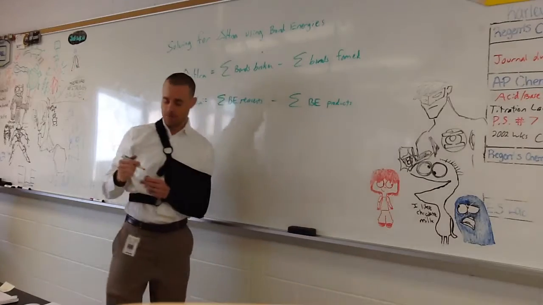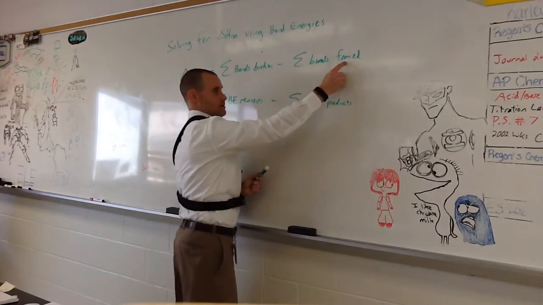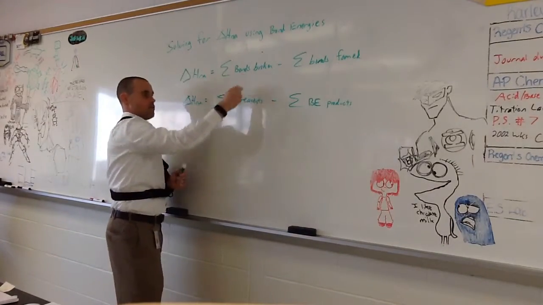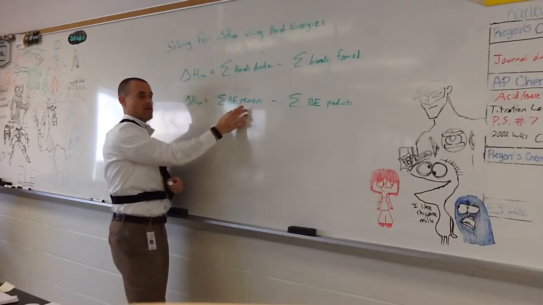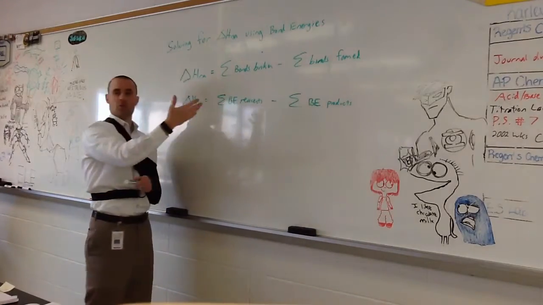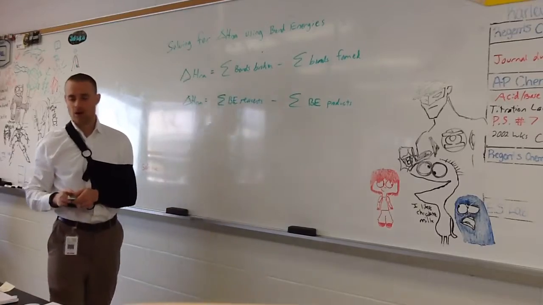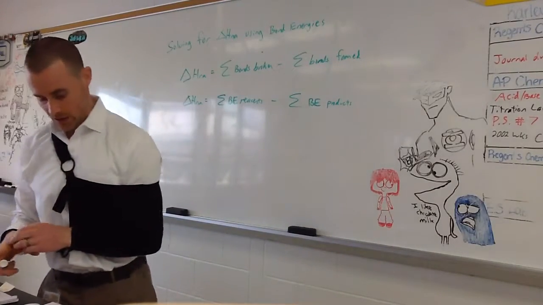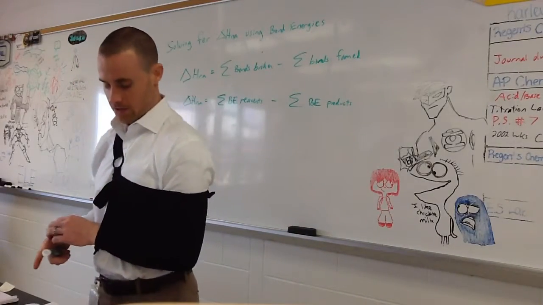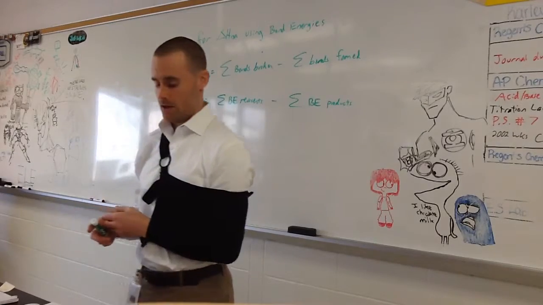Because think about it, products are forming bonds, reactants you are breaking. You have to break reactants apart to form products. So this will give you the heat of reaction. I actually don't have a problem written down, so we're just going to do the practice exercise on page 403. So let's do that right now.